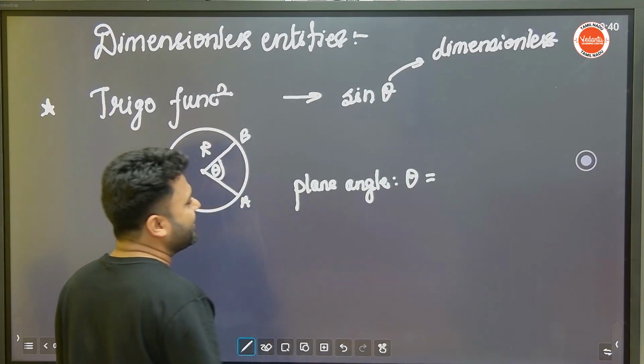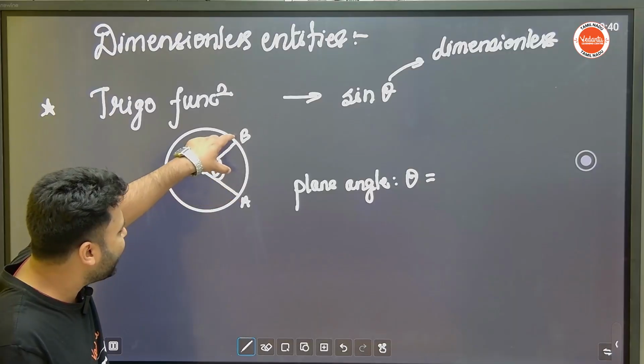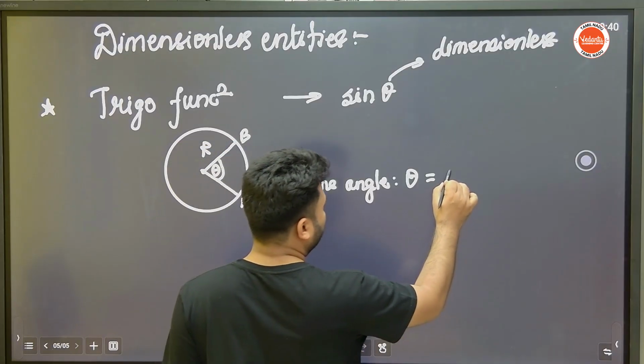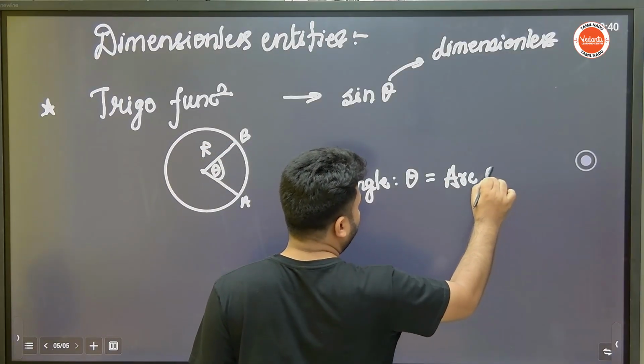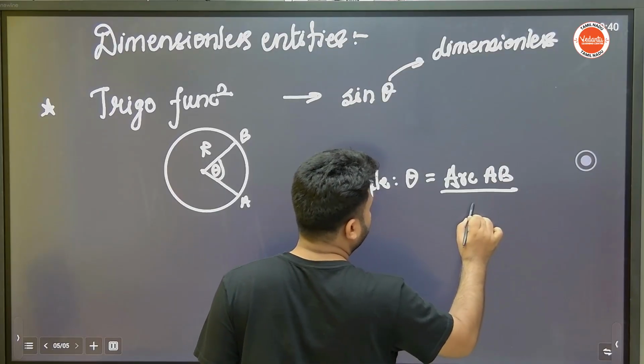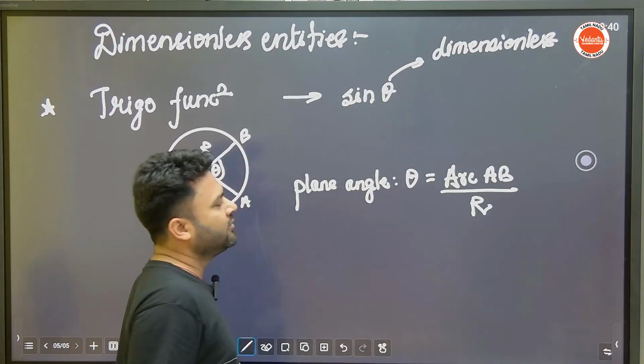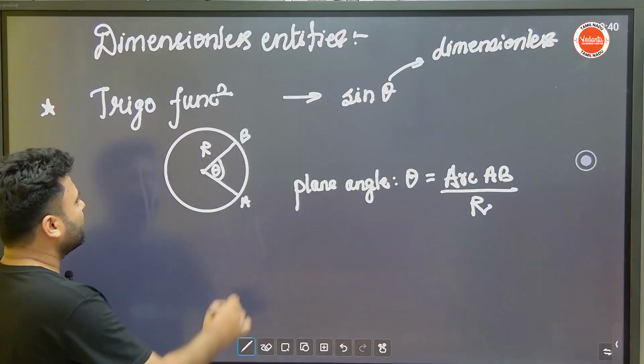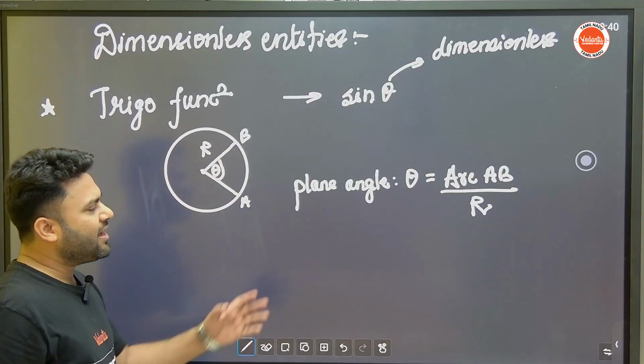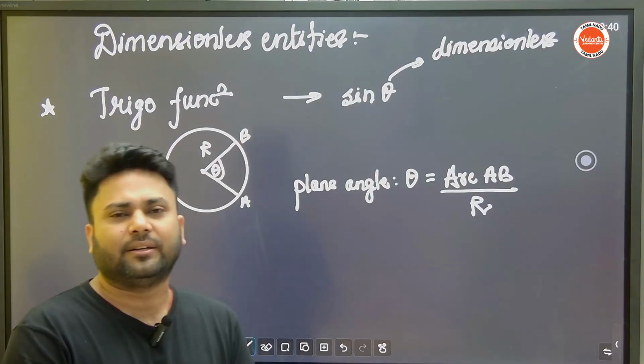It is defined as the ratio of this arc length AB by R. This is how we define theta.